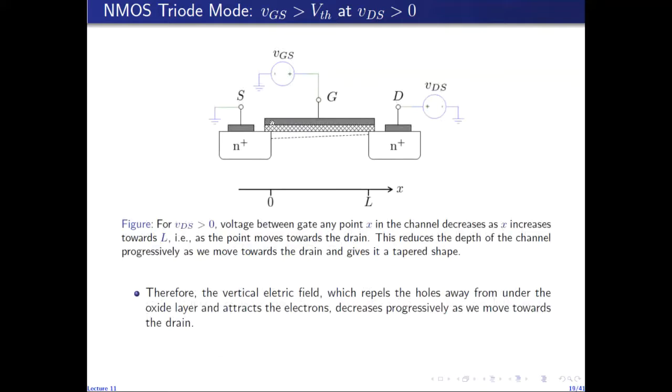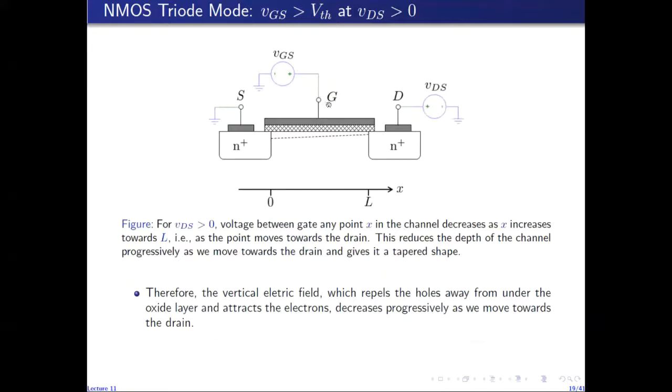So the vertical electric field, because of the voltage between gate and points along the channel, is no longer uniform. The voltage between the gate and a point in the channel is maximum when x is equal to 0 and is given by VGS. And the voltage between the gate and the point x in the channel is minimum when x is equal to L and is equal to VGD.